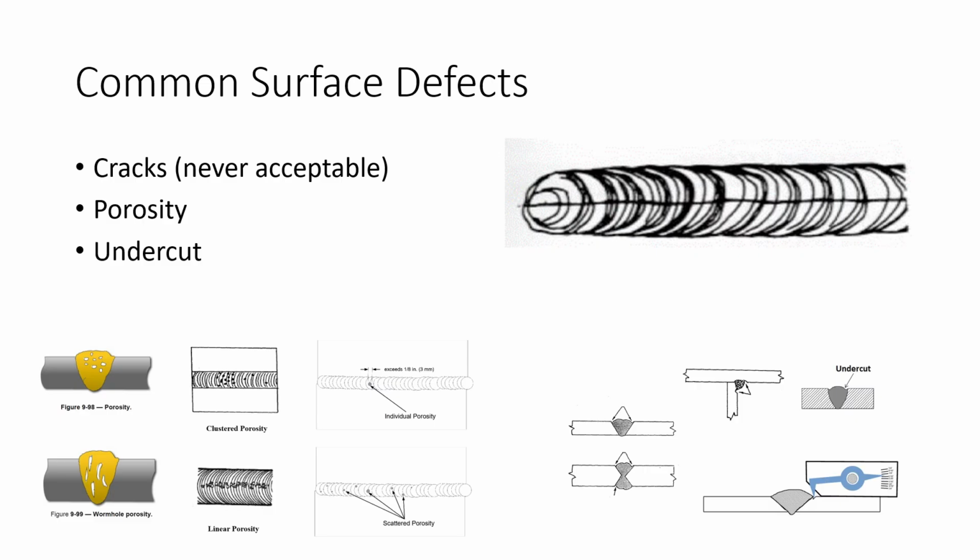Undercut is at that toe of the weld, and it's a little notch, and it can end up leading to stress concentration, cracking, bad things, where there might be some stress in that material, and that's a crack initiation point. So we really watch out for undercut.